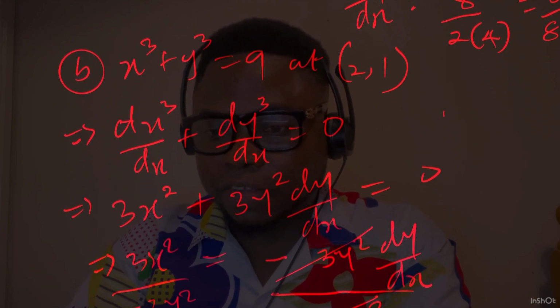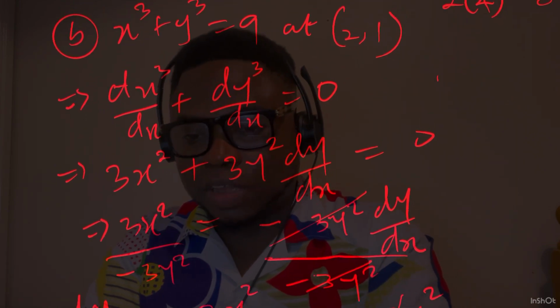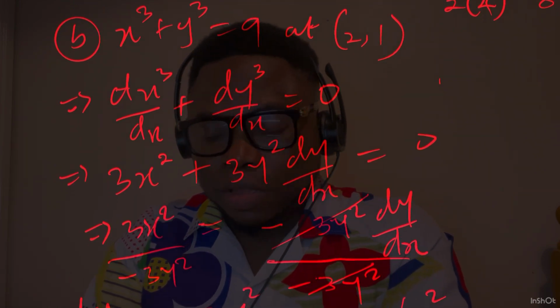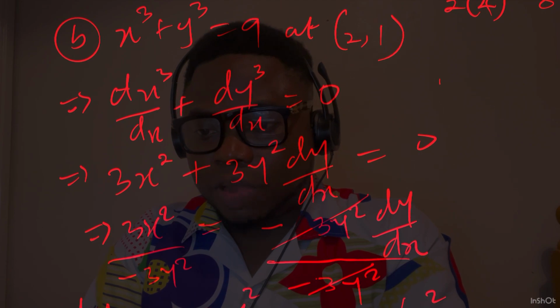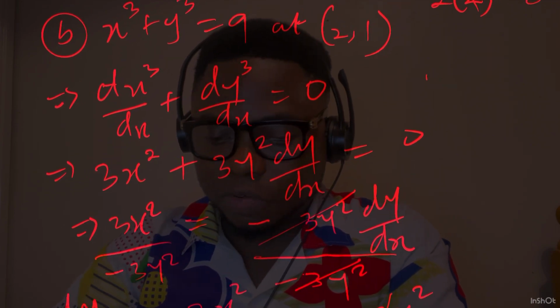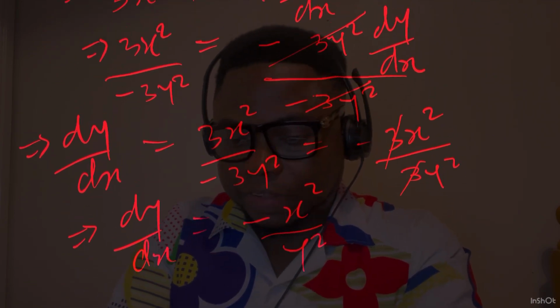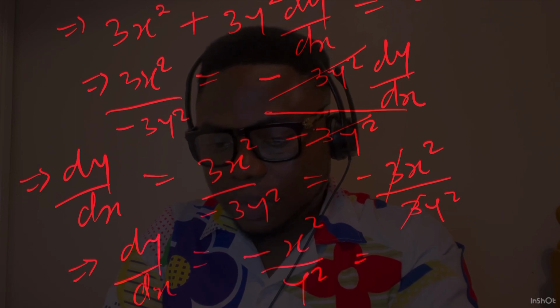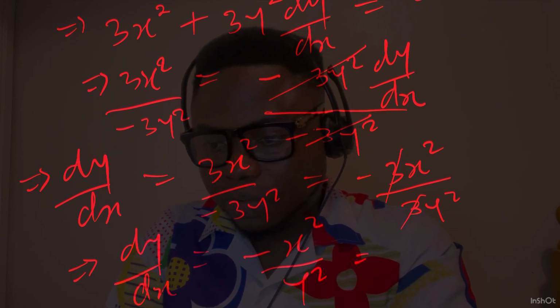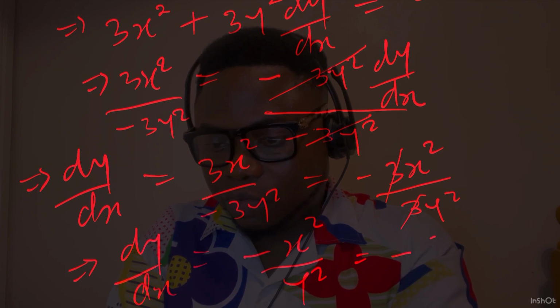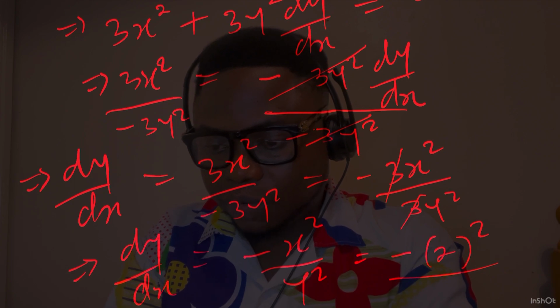So anywhere I see x, I'm going to replace with 2, and anywhere I see y, I'm going to replace with 1. So doing so, I'm going to write minus 2 squared divided by 1 squared.